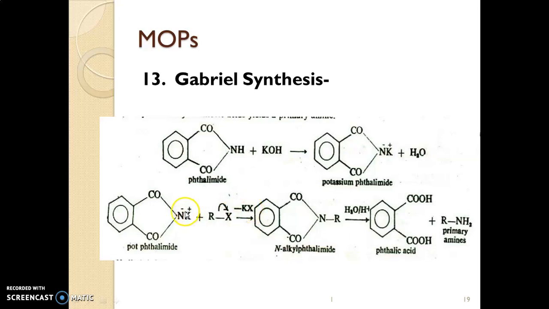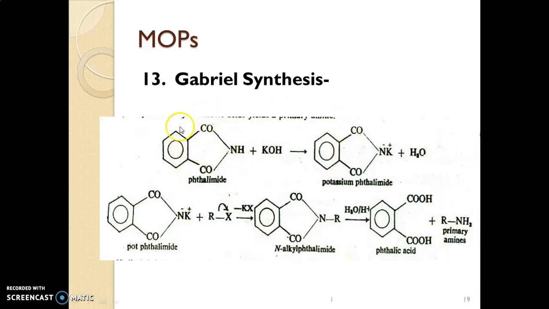So here in place of K, R goes and there is formation of a new N-R bond, and the name of the compound is N-alkyl phthalimide. This N-alkyl phthalimide on further hydrolysis produces the well-known phthalic acid plus our final product, our aim product, primary amine. So this is the Gabriel synthesis.